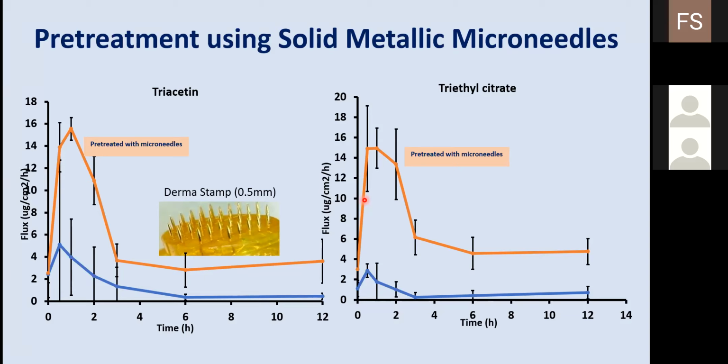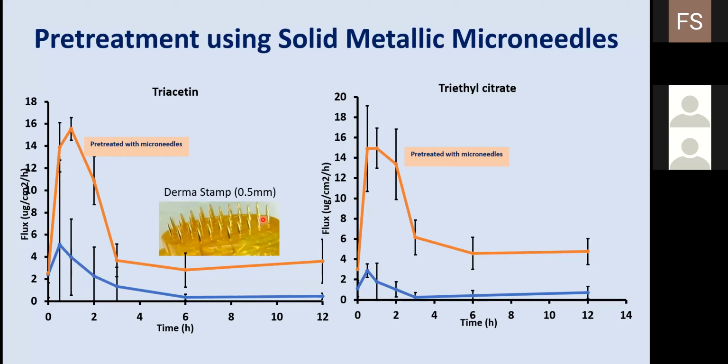And then, as I mentioned, these metallic microneedles are also used for delivering drugs directly, meaning that you coat the drug, the antigen, the vaccine, or the peptide or hormone or whatever you want to deliver on top of the solid microneedles.